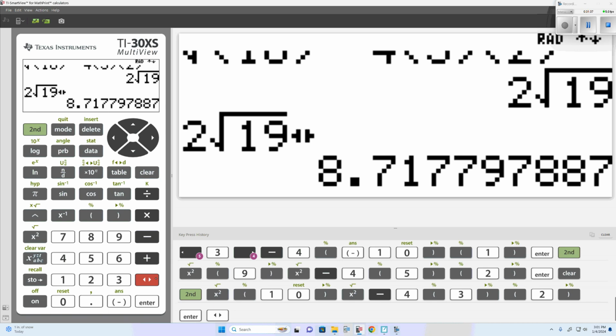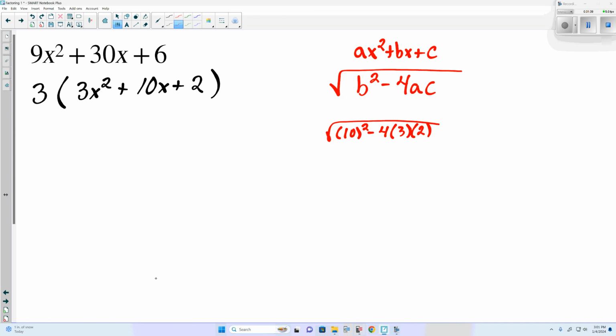So what that tells us is that this here does not factor any further. We can't take it any further than this here. But it is technically factorable because we were able to factor out a 3. So 3 times 3x squared plus 10x plus 2 is the final answer. That's it. Questions on this here?